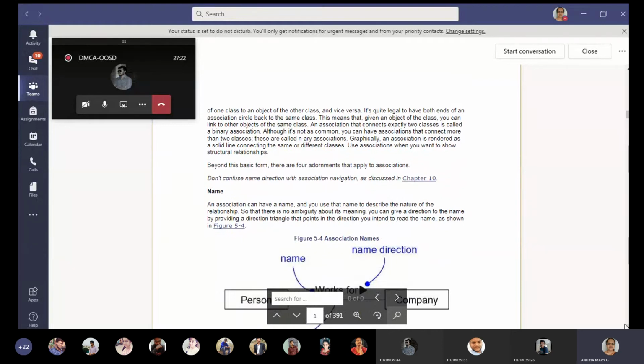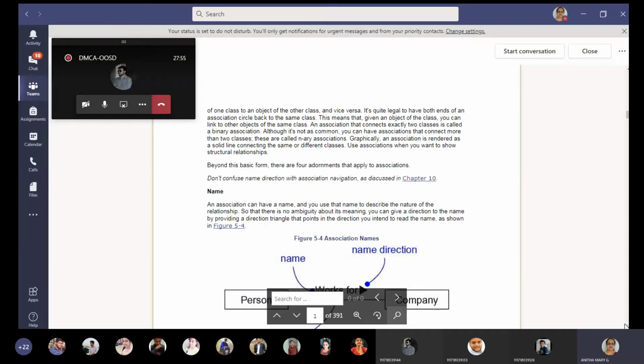Why? Because there are four adornments that apply to association. So what are adornments? In addition to the connection we already give between two classes, which is a solid line, what more can we give along with the line?